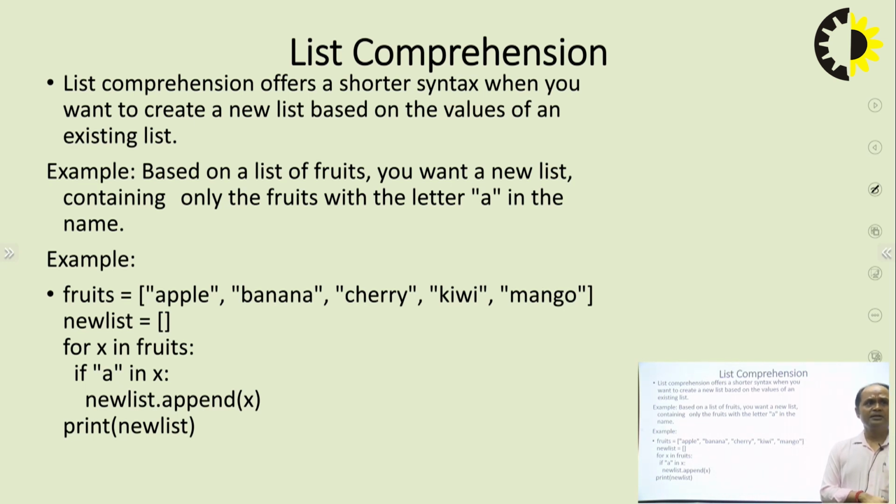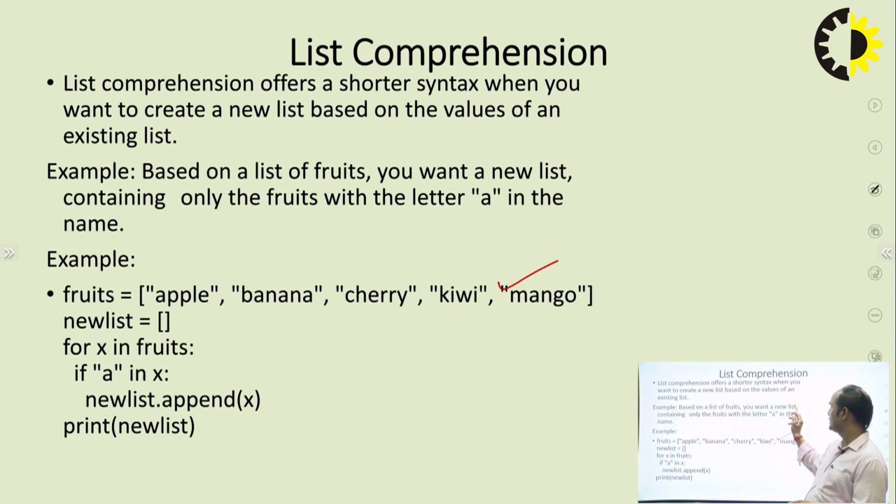Now list comprehension. What is list comprehension? List comprehension offers a shorter syntax when you want to create a new list based on the values of an existing list. Suppose we have fruits, which is a list: apple, banana, cherry, kiwi and mango, and we want to create a new list based on the list of fruits.